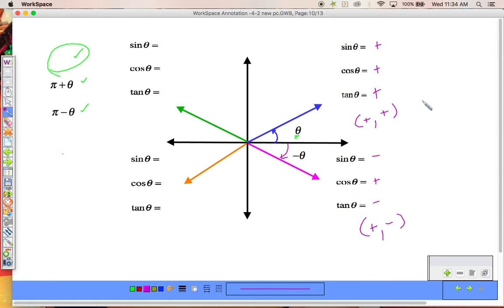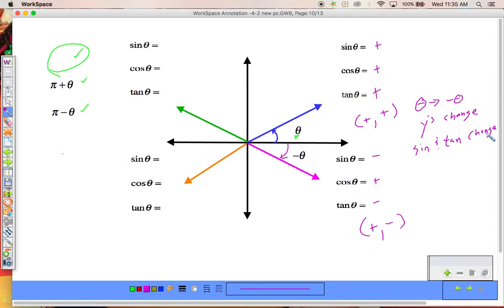So if I go from theta to negative theta, if I go from the top to the bottom, what happens is my y's change. My x's will stay the same, my y's will change, which means my sine and tangent change. That's what we need to understand.